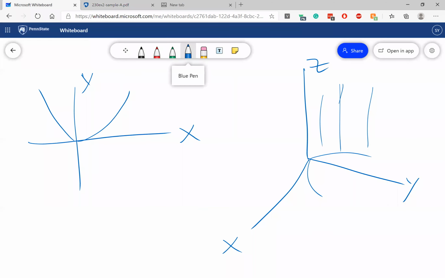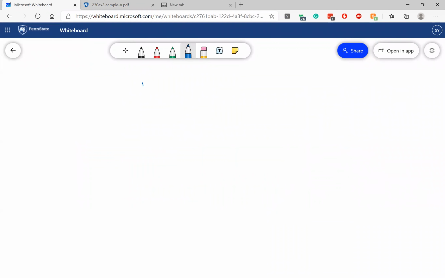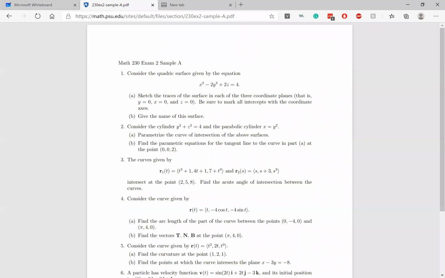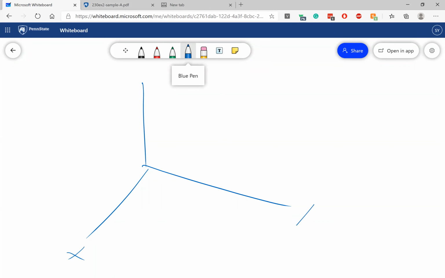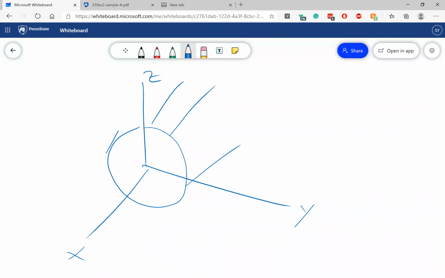So if our cylinder is y squared plus z squared, with x, y, z axes, it would look something like this, and then this would go on to infinity. So that would be our cylinder. Not drawn great, but something like that.